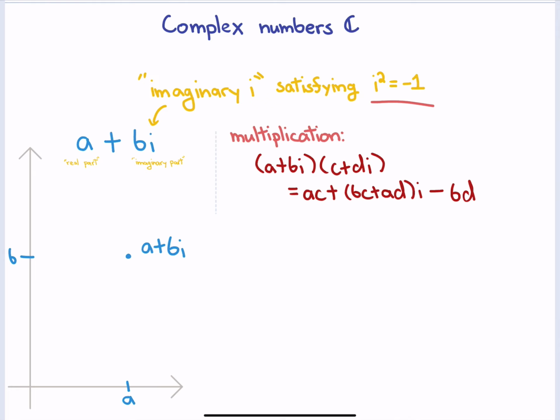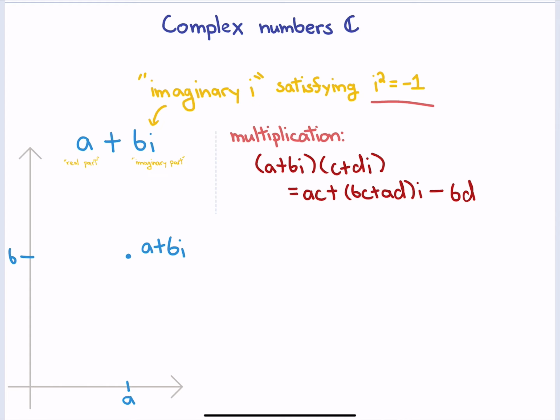The a distributes, and you get a times c. And then you get the cross terms, bci plus adi. The only funny thing is that bi times di becomes negative b times d, because that i squared becomes -1. That's the only difference, but it's just a simple rule.